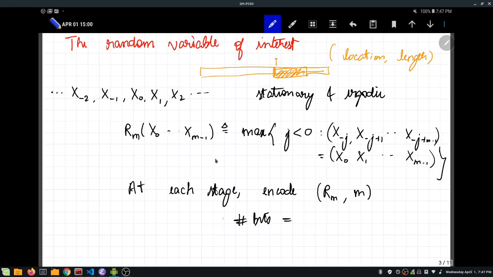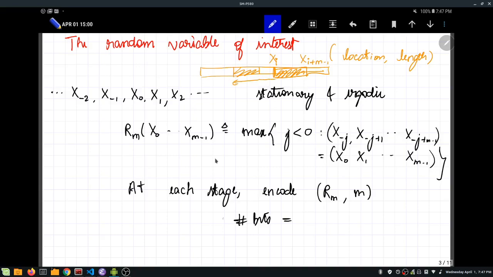So if you look at xi up to xi plus m minus 1, so if you have a sequence of length m, then how far behind xi do you have to look such that you can find a match?